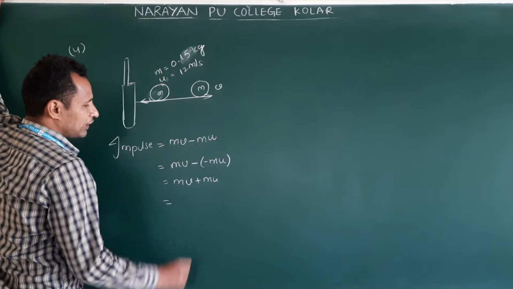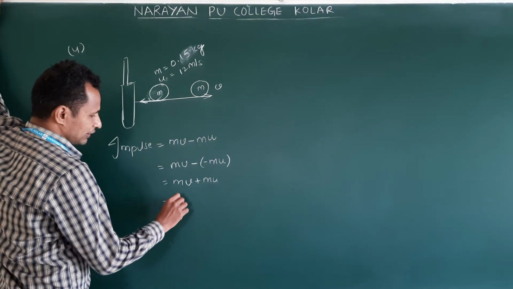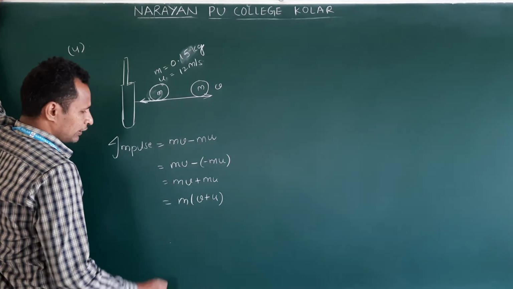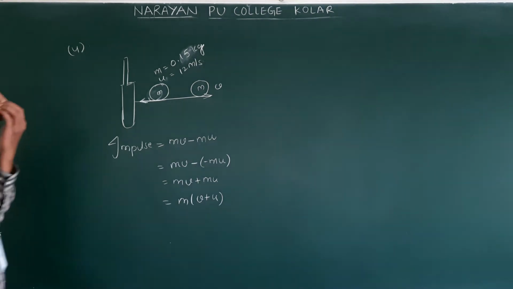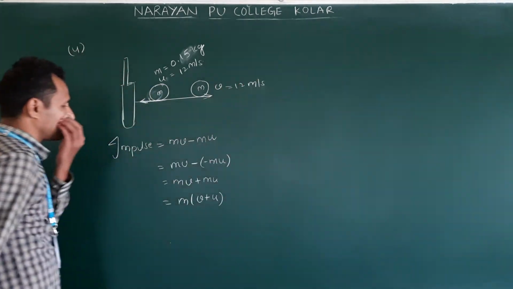So substitute the values. What is common here? m is common, so m into v plus u. Then what did they mention? According to the question, the batsman hits back straight in the direction of the bowler without changing its initial speed. So the final speed is also the same, 12 meter per second.